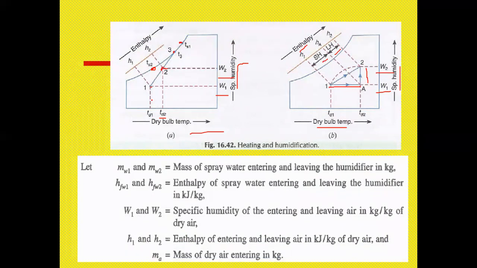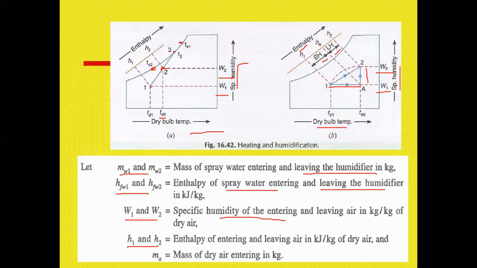Now from the graph, let MW1 and MW2 be the mass of the spray water entering and leaving the humidifier in kg, and HFW1 and HFW2 the enthalpy of the spray water entering and leaving the humidifier. W1 and W2 are the specific humidity of the entering and leaving air in kg per kg of dry air.